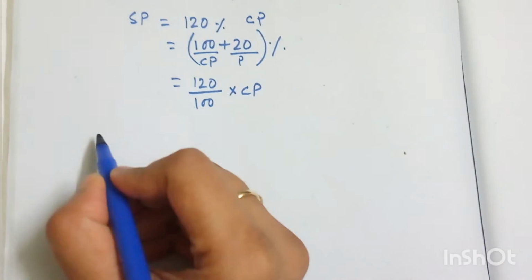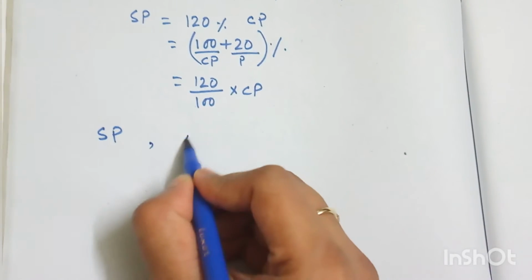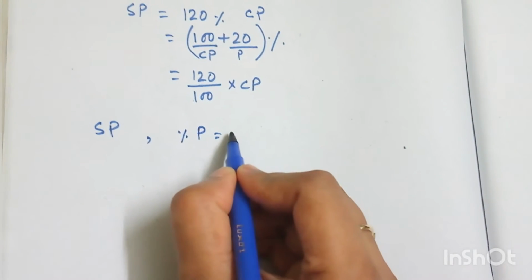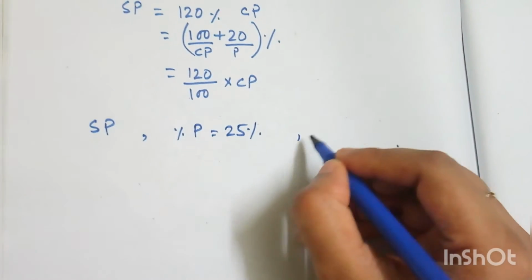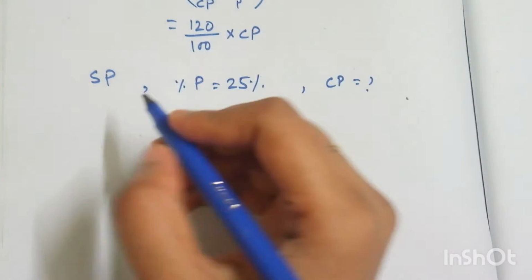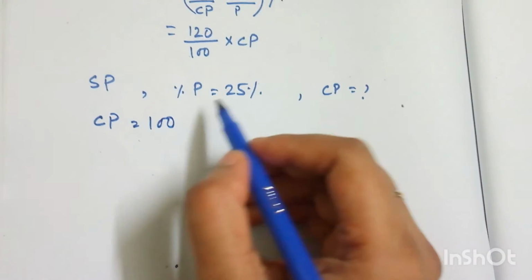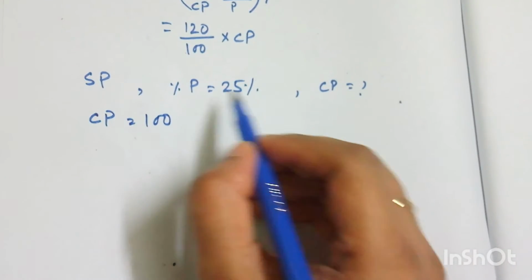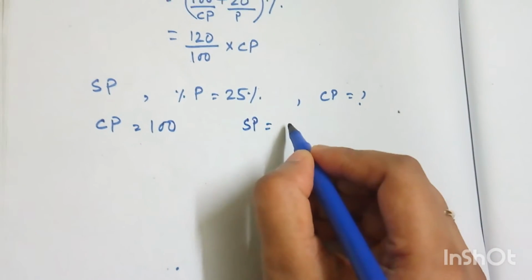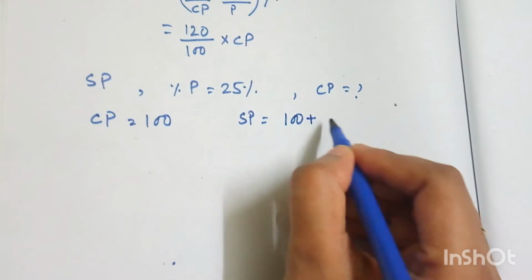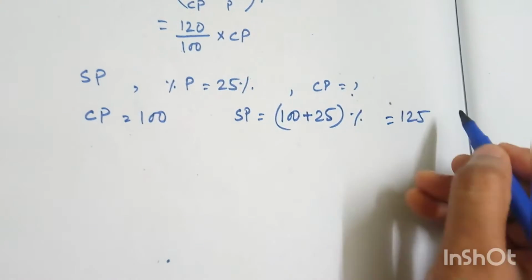Okay? When the selling price is given and the percentage of profit is 25%, what will be the cost price? So we assume CP, cost price, equal to 100, and if the percentage profit is 25%, then the selling price will be 100 plus profit, that means 125.